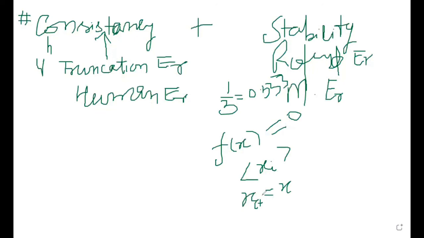x_{i+1} is equal to x_i minus f at x_i, which I am denoting f_i, divided by f prime at x_i, the first derivative of f at x_i, which I am calling f_i prime.